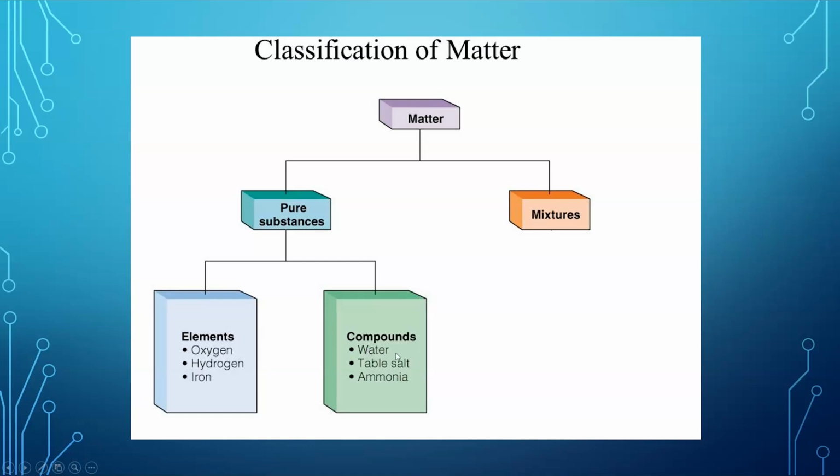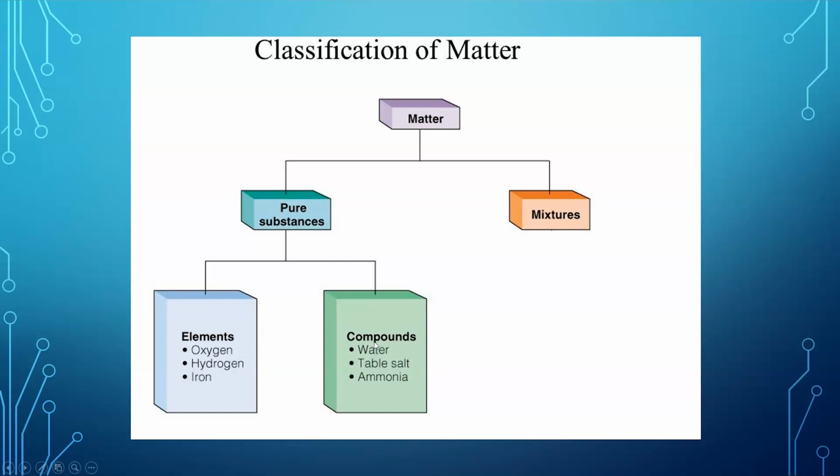So if you have a glass of water, the entire glass is made of nothing but H2O molecules. If you have a container of salt, the salt is made up entirely of sodium chloride units. A tank of ammonia gas is made up of molecules of ammonia, NH3. So both elements and chemical compounds are examples of pure substances.